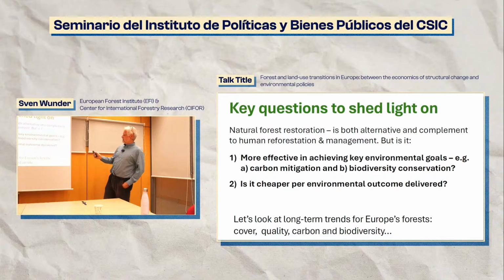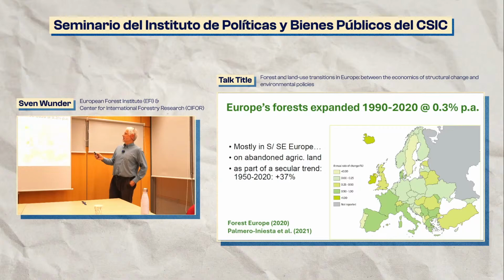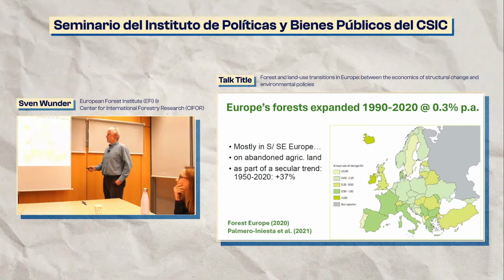So if we look now a bit closer at some of these long-term changes in European forest cover. This is just for the last 30 years or so, where we can see there's a strong increase of 0.3 percentage points, summing up to 37 points.